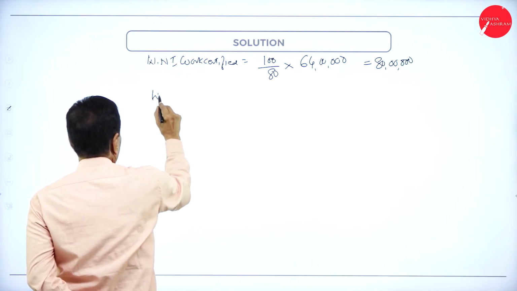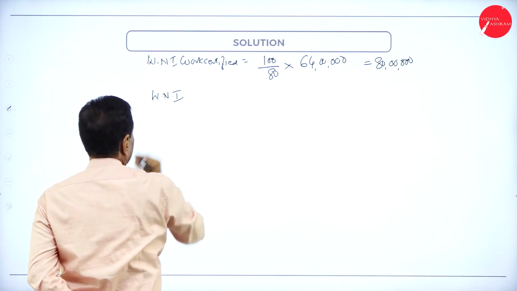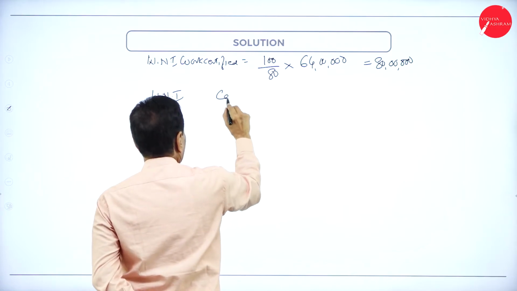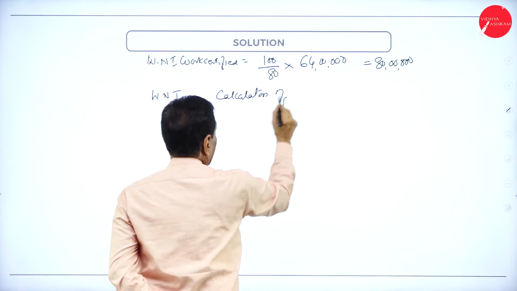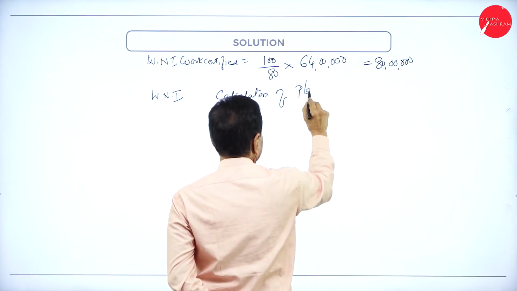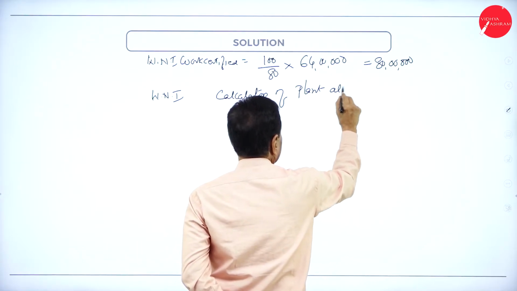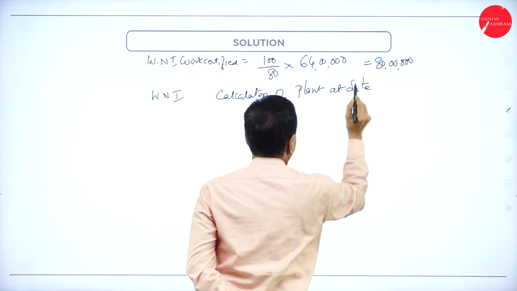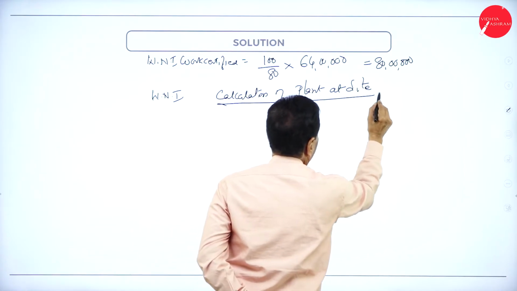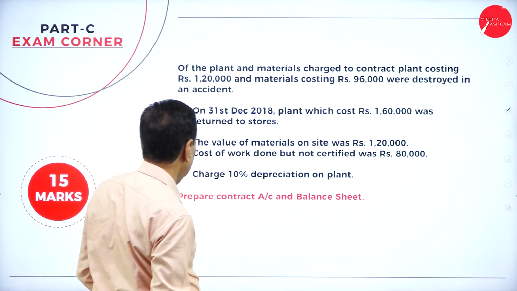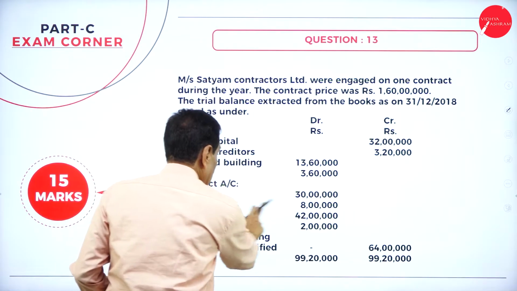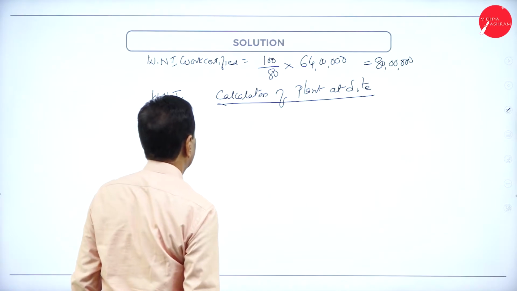Working note number 2, calculation of plant at site. Your plant value is 8 lakh.